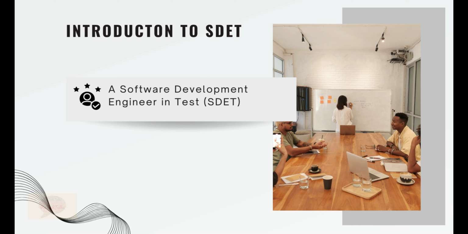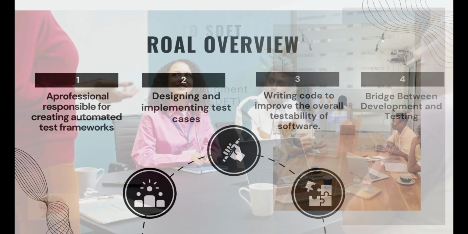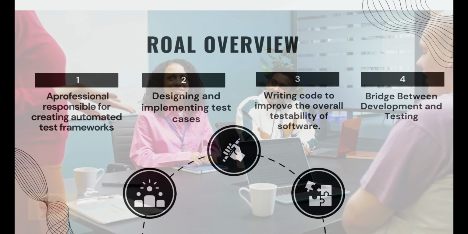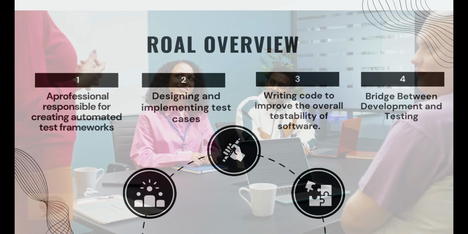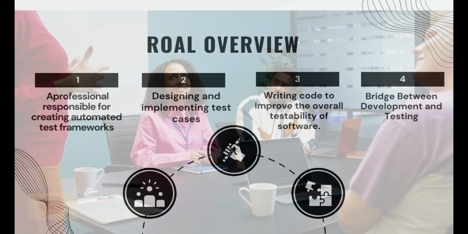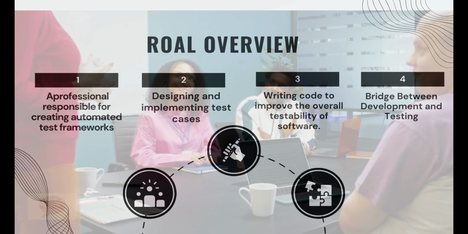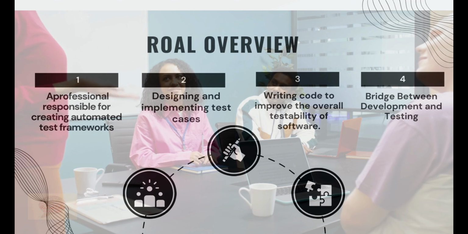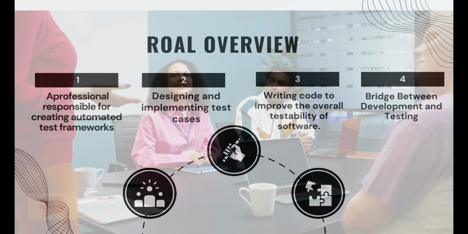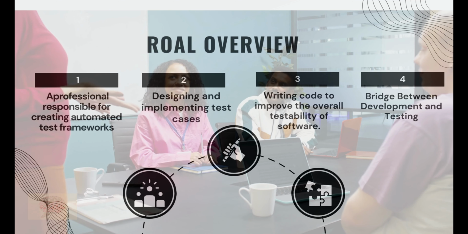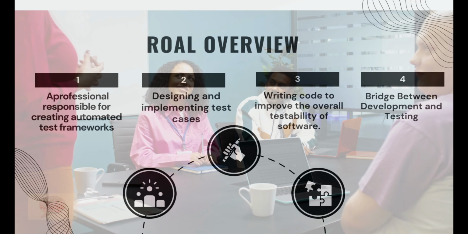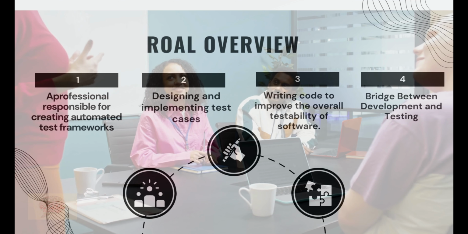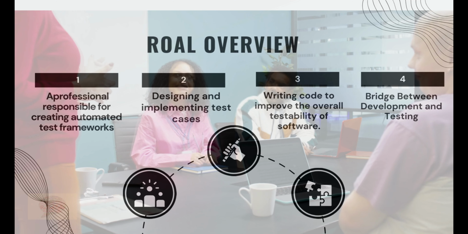So what is SDET? SDET stands for Software Development Engineer in Test. Let's understand the role of the Software Development Engineer in Test. An SDET is a professional responsible for creating automated test frameworks. This is the main task of the SDET: they have to be experienced in creating automated test frameworks, designing and implementing test cases, and writing code to improve the overall testability of the software.